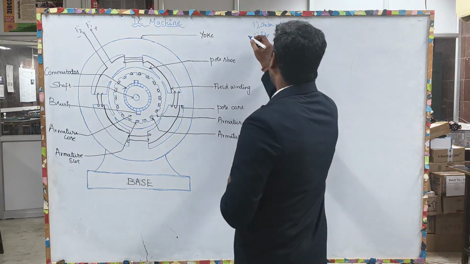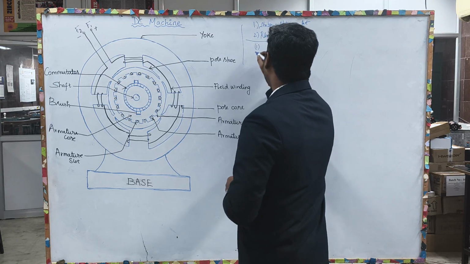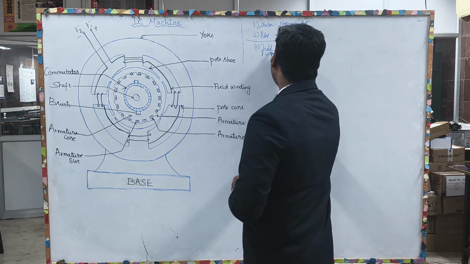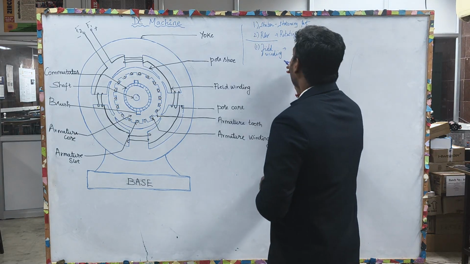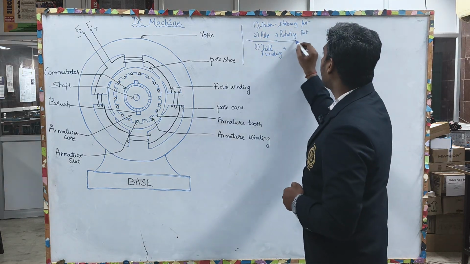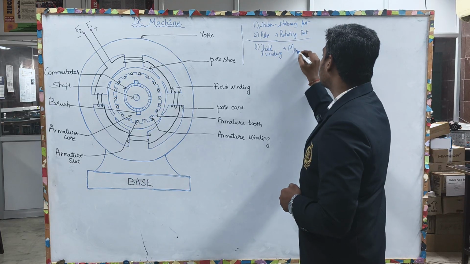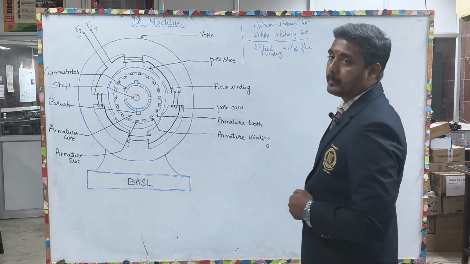That is, if you are going to give the supply to the field winding, you will be producing the flux or field which is called a main flux.